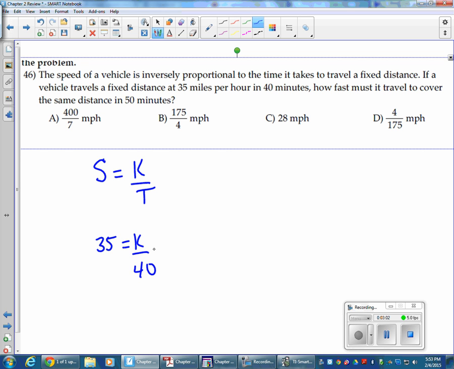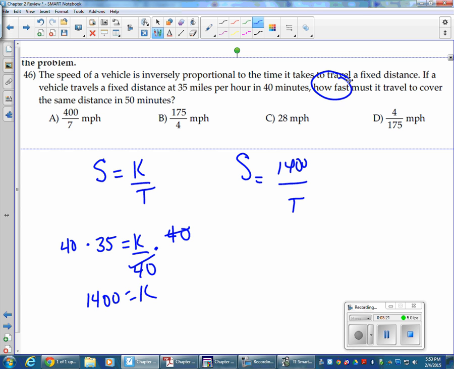All right, let's figure out what our value of k is. So multiply both sides by 40. K is 35 times 40, which would be 1400. So the speed will be 1400 divided by the time. What they want to know is what speed to cover the same distance in 50 minutes.